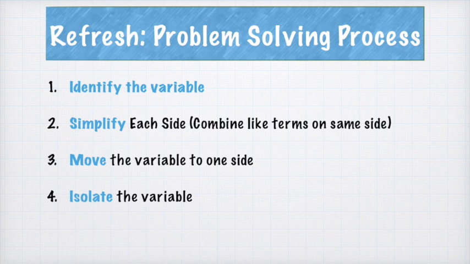Remember, you're going to go easiest to hardest, so undo addition and subtraction first, and then undo multiplication and division. Then you're going to plug it in, chug it out, and check. And if you're given certain values for these letters, you can plug in those values at this point, chug it out, and then check and see if it makes sense.